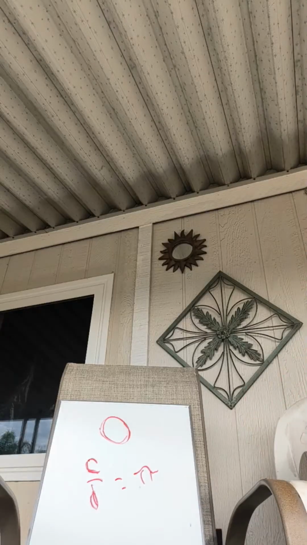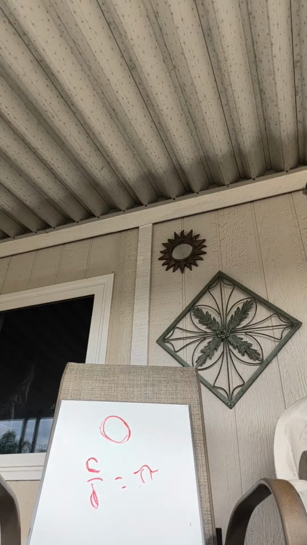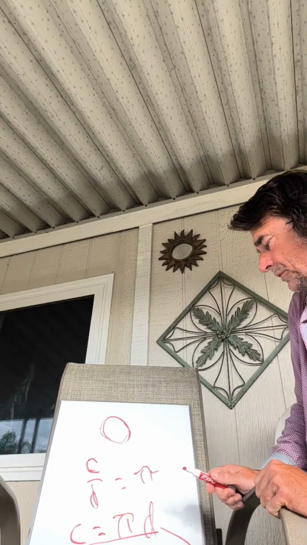So the circumference equals pi times d, but d equals 2r, so C equals 2 pi r. That's the circumference of a circle.